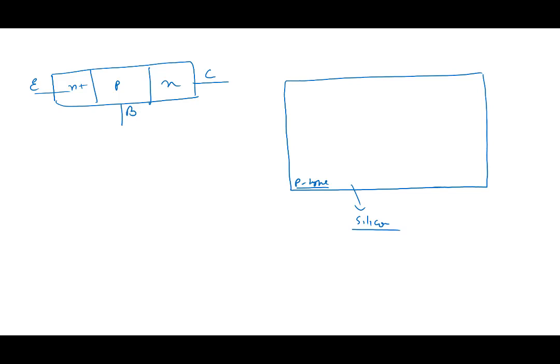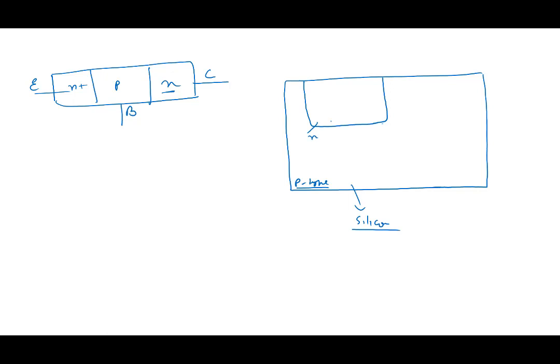What they would do in this region here is that first they would make a region which is N-type here. They are making the collector. So it's already P, and they will diffuse impurities, right? To make N-type, you have to diffuse or implant this N-type impurity, like arsenic. So they will make this as N-type.